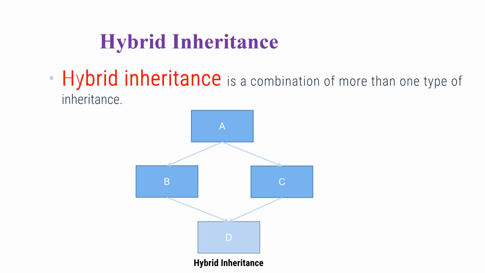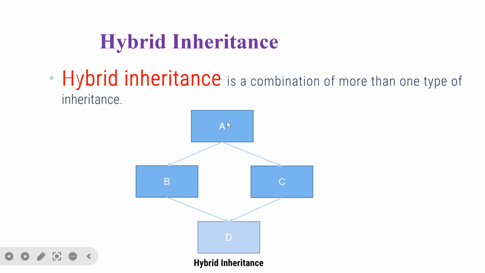Hybrid inheritance allows you to create complex class hierarchies by combining different types of inheritance, enabling you to model real world scenarios more accurately and efficiently in object oriented programming.